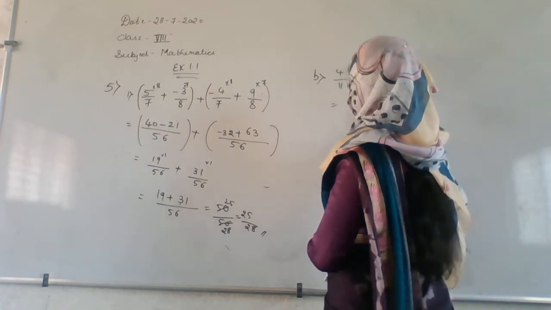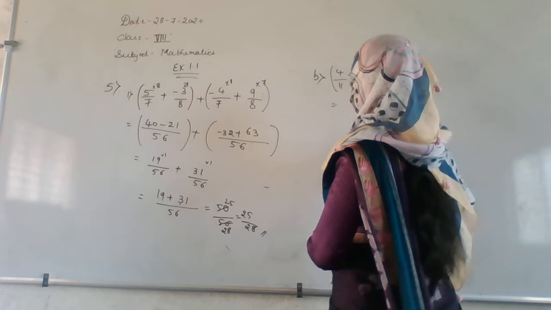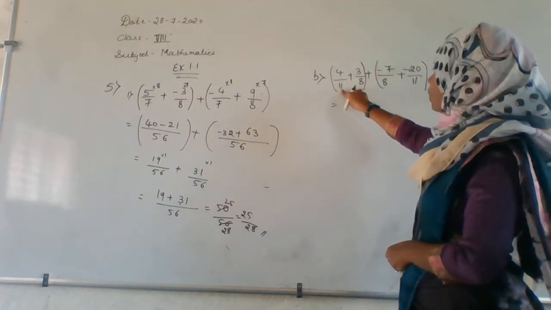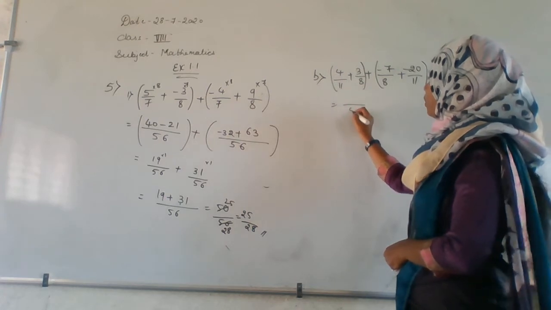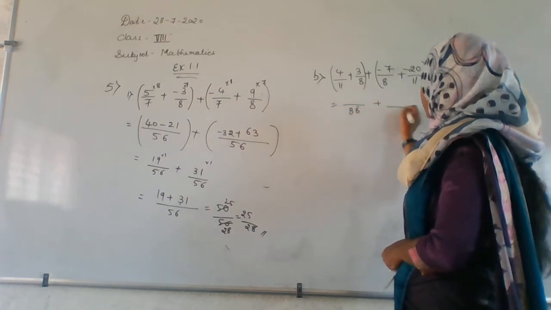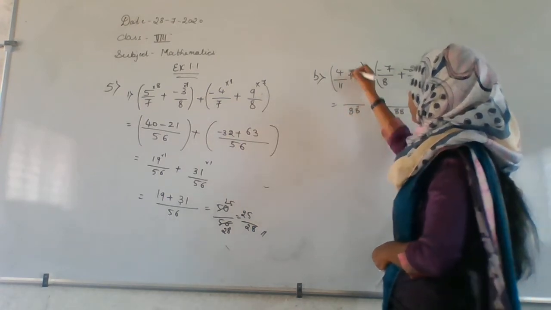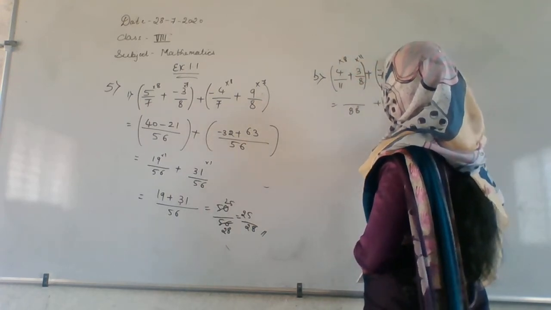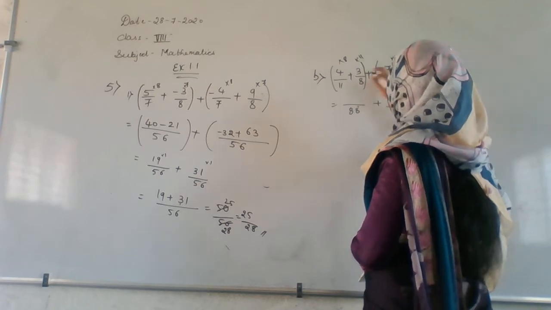Here also I am grouping like this, right? Both are not in the same table, that's why the LCM will be 88, and here also 88. 11 8s are 88, 8 11s are 88.